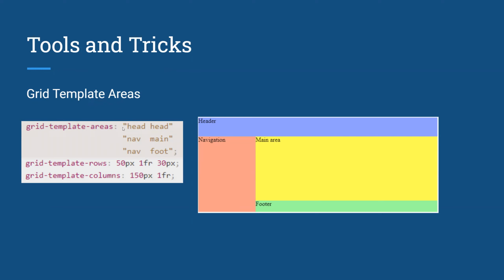But you'll see here, they define their grid template areas, so their whole layout. And then grid template rows is going to apply to the height of each row. So in this case, we're saying the header is 50 pixels.